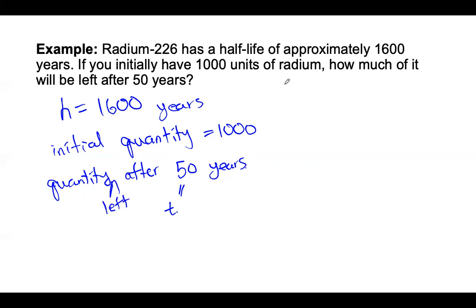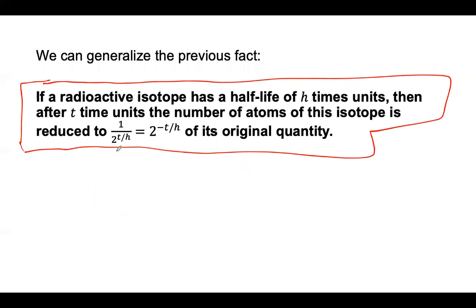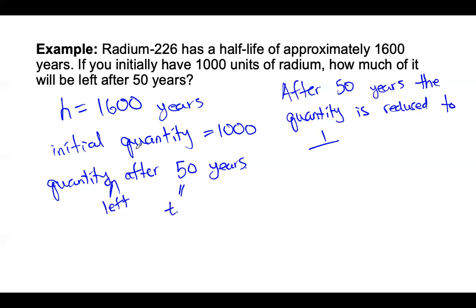So using the formula, after 50 years the quantity is reduced to basically 1/2, looking back, so we have our T and our H, and this is half-life, so it's split in half, which is why we have that 2.